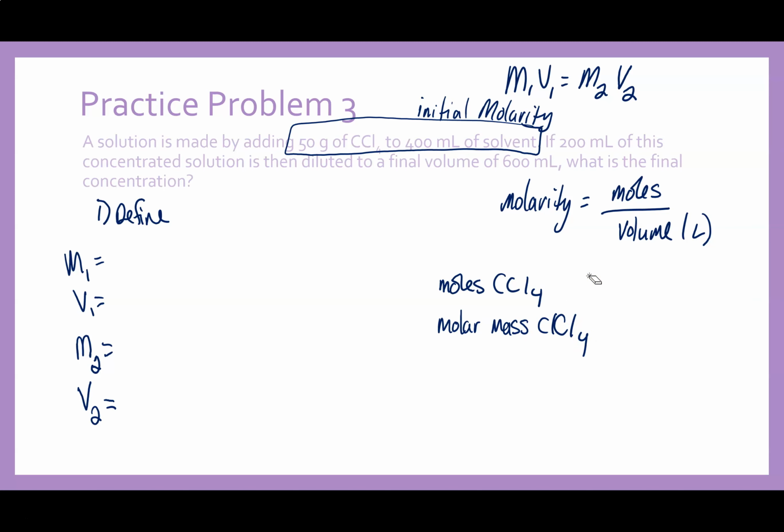If I want to go from grams to moles, then I know I'm going to need the molar mass in between. All right, so how do we get the molar mass of a compound? Remember, in our case, we're actually going to do the periodic table method.